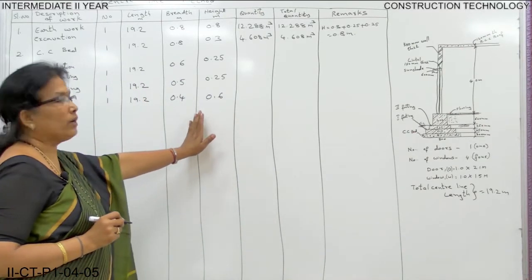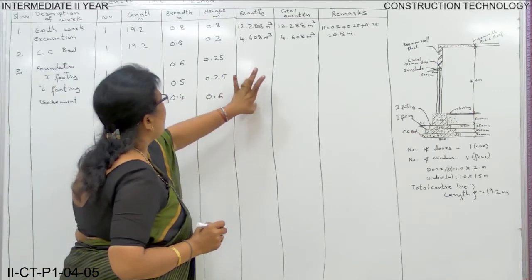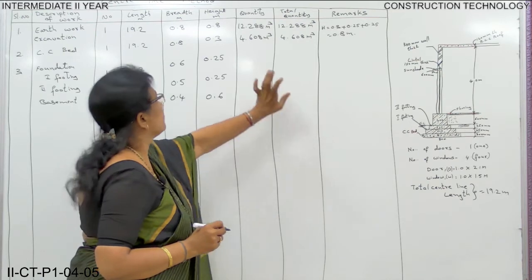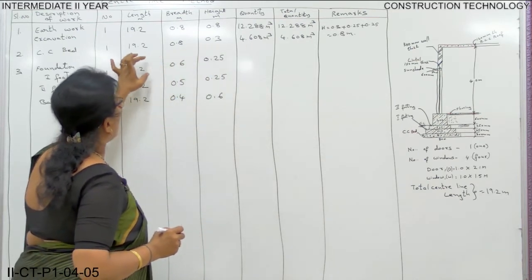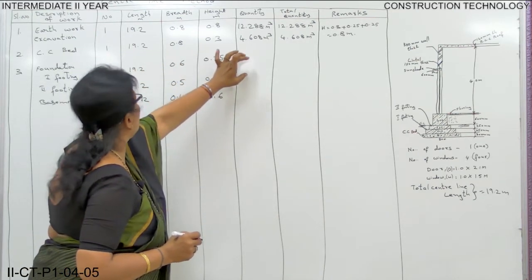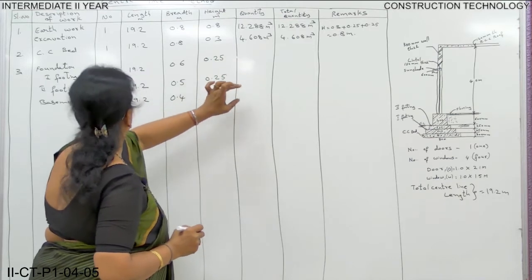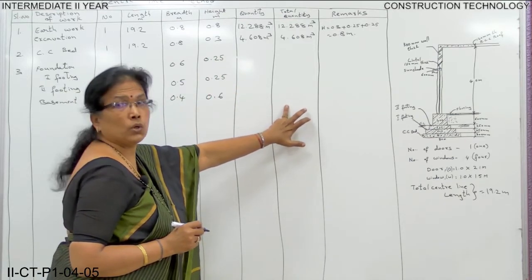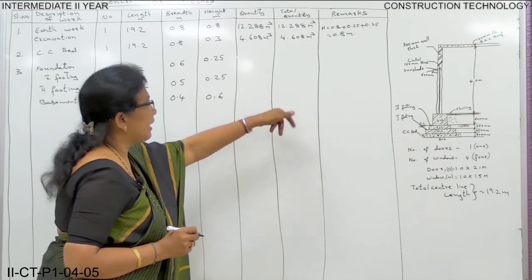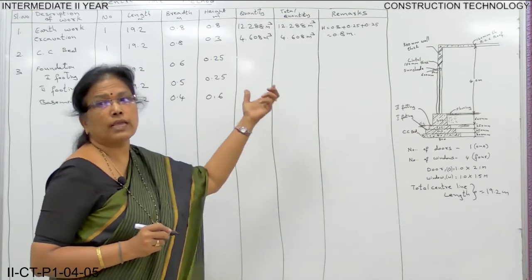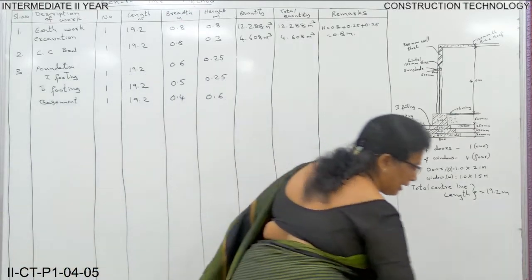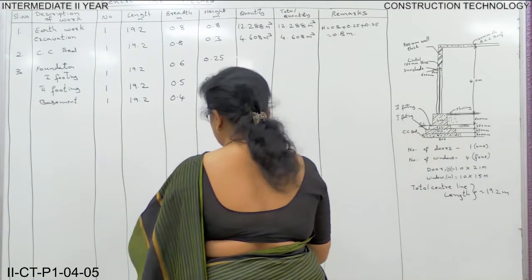Now you need to calculate the quantities, add and write in the total quantity. First calculate everything individually, first footing, second footing, basement, and then write down the total quantity. Already I have calculated. You can use a calculator. In exam, calculators are allowed, so I'll write the value here.